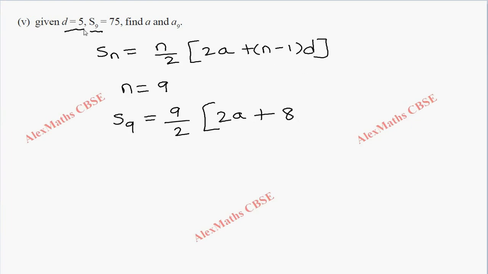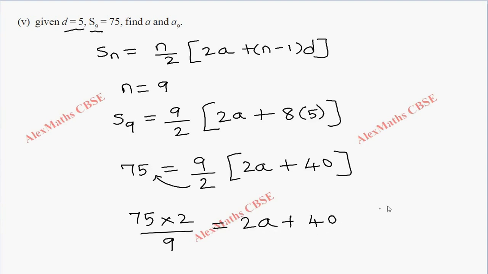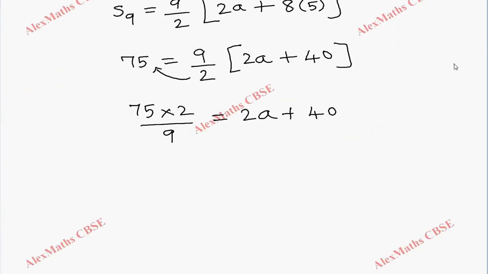And the value of D is given as 5, so it is 8 into 5. Now S9 itself is 75, which is equal to 9 by 2 into 2A plus 8 fives are 40. This 2 will be multiplied here and 9 will come as a division. So 75 into 2 divided by 9 equal to 2A plus 40. We are going to simplify this further.